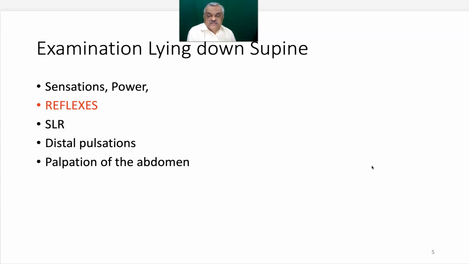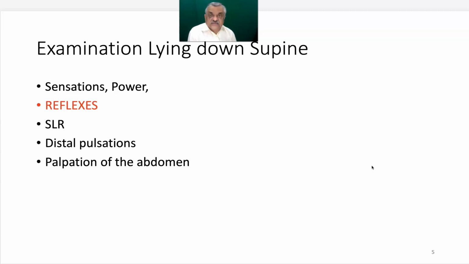Distal pulsations are seen, and we also do a palpation of the abdomen to rule out any gross lumps or any gross tenderness in the abdomen, where there may be pulsatile SOLs and tenderness indicative of colitis or any other infective problem in the belly.